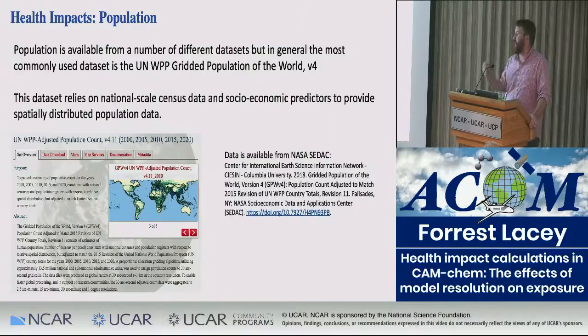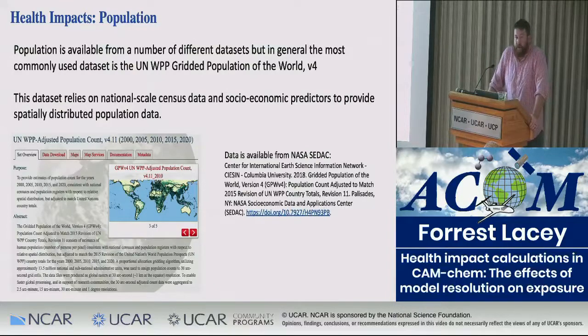And the thing that I like to highlight here is that since this does rely on national scale census data, the uncertainty or the level of confidence that we have in population data is much higher in regions where we have good census data. So in the United States and throughout many parts of Europe, we have very high confidence in the spatial distribution of population because we do census based on county levels that then get fed back into this algorithm.